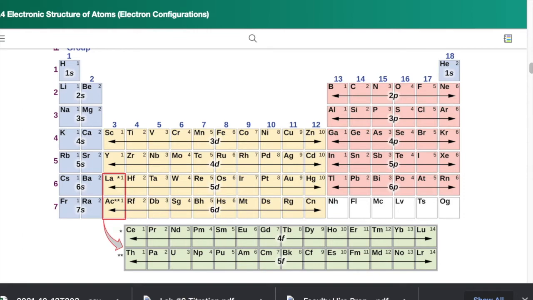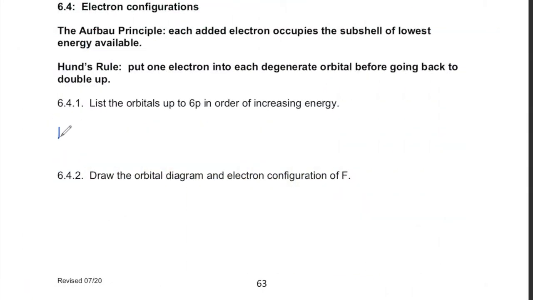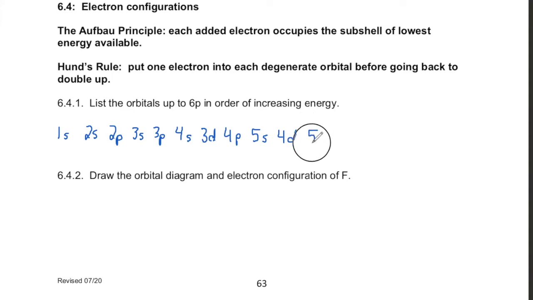Let's summarize that and put it in order. It is 1s, then 2s, then 2p, then 3s and 3p, then 4s, then 3d, then 4p, then 5s, then 4d, 5p, 6s, 4f, 5d, and 6p.